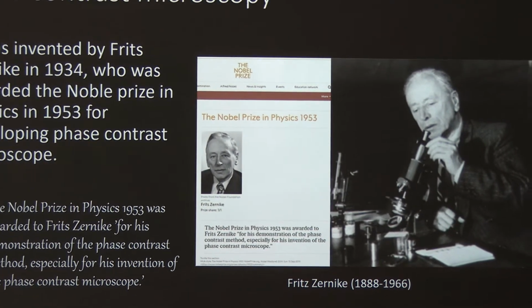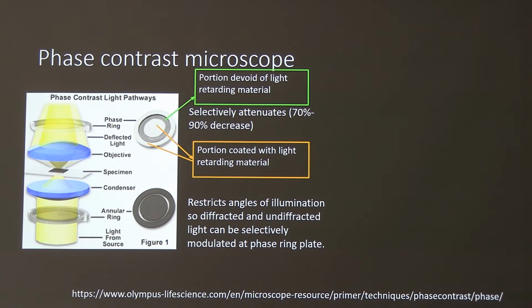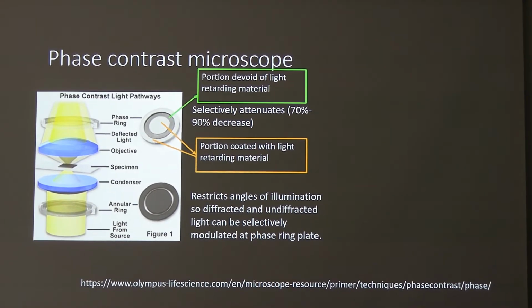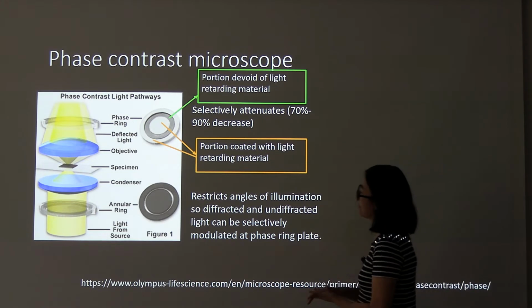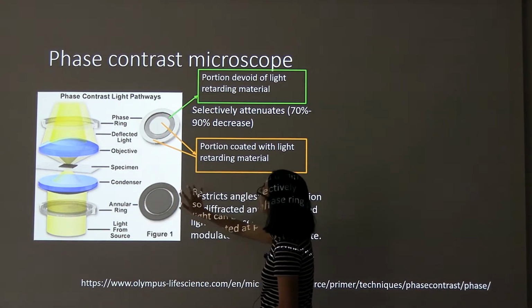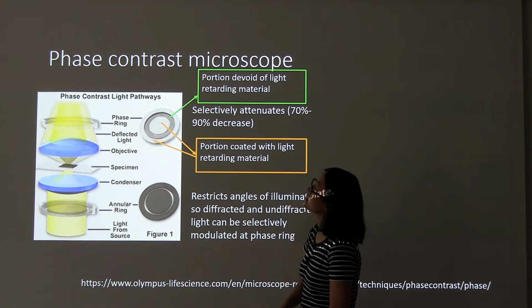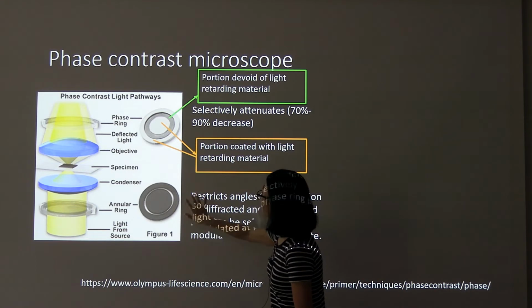Now let's go back to the theory of what happens in the phase contrast microscope. As you already saw in the video and the previous slides, there are two specific components in phase contrast. The first one we call the phase ring.